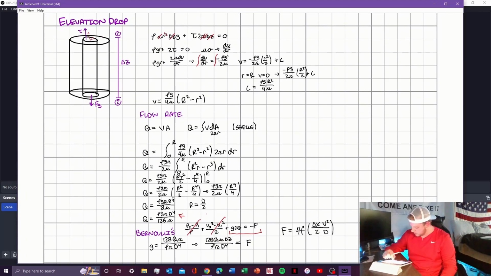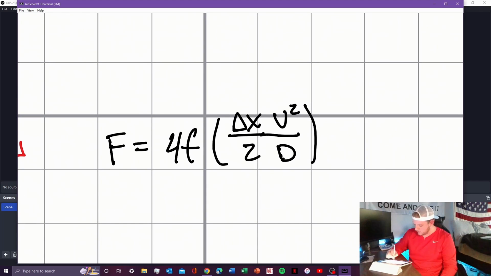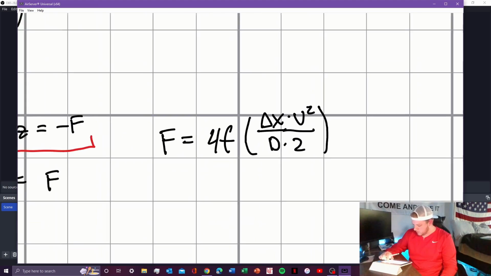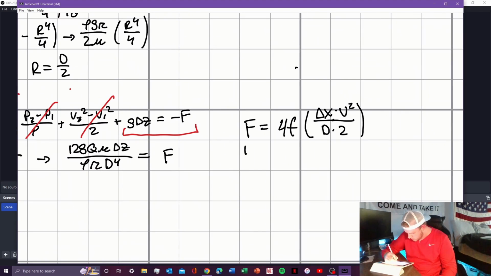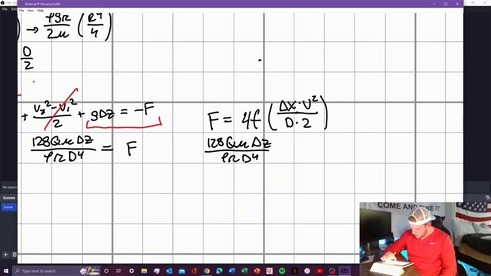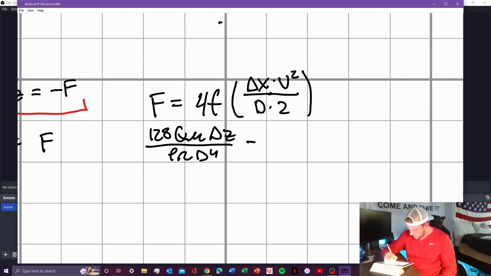It is right. I flipped these two, but it doesn't matter. Beautiful. So we can relate this equation to what we just found with the Fanning factor.